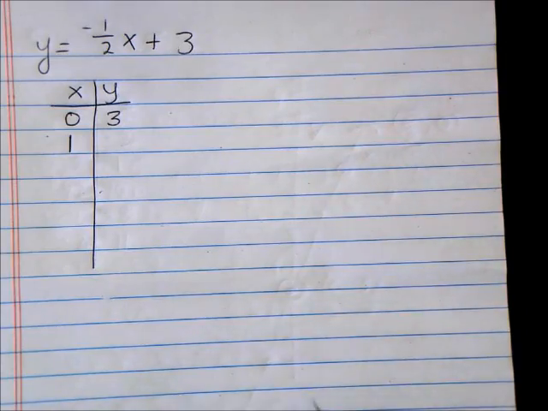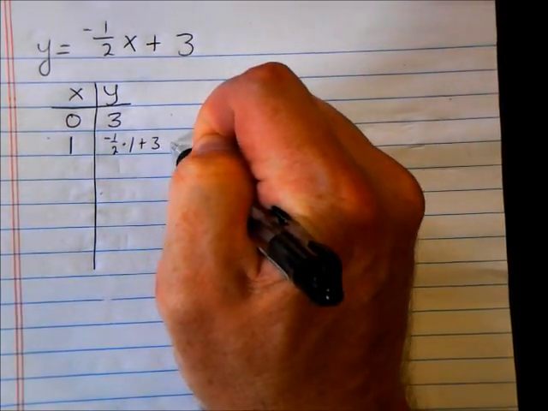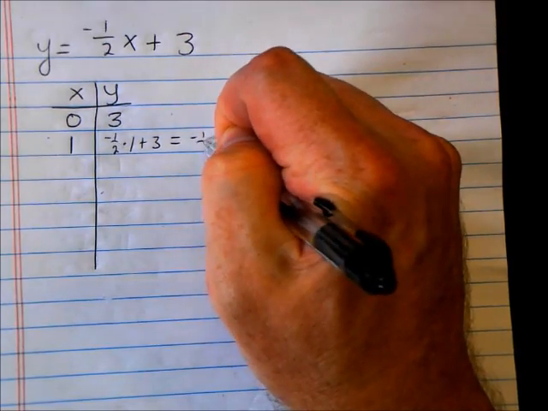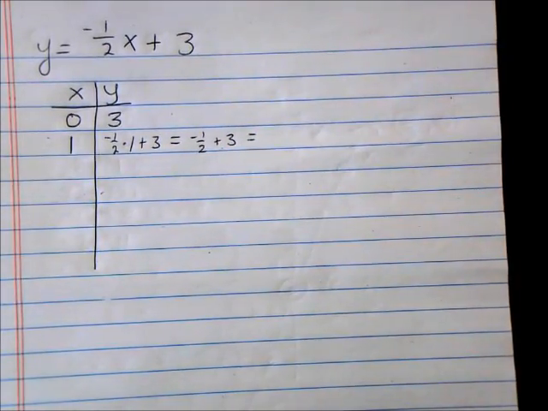What happens when I plug 1 in? I have negative 1/2 times 1 plus 3. What's negative 1/2 times 1? Negative 1/2. What's negative 1/2 plus 3? 2.5. Or you could write it as 5/2, and you end up with a fraction. Personally, I don't like it very much when I end up with fractions and I have to graph.